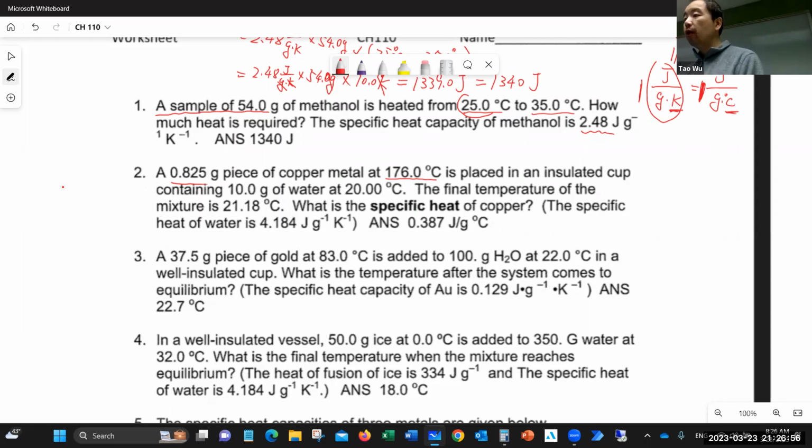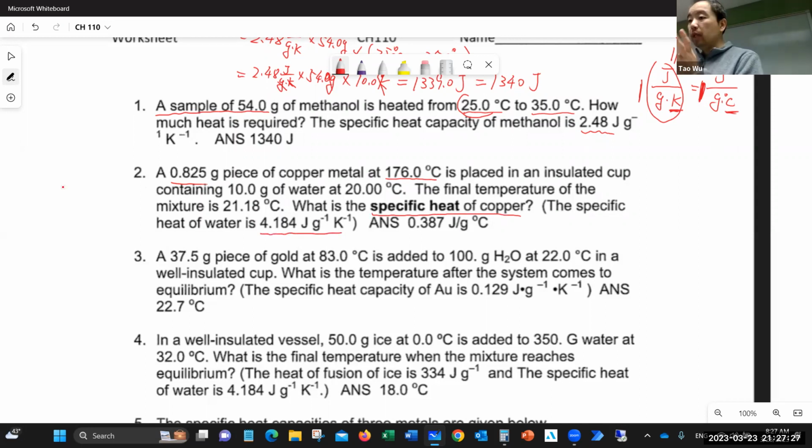The final temperature of this mixture is 21.18 Celsius, which means when they mix the metal and water, the water raises its temperature, but just a little bit. It didn't say anything about the metal, but obviously the metal will end at the same temperature as the water. And what is the specific heat of the copper? So they are looking for the specific heat of copper. They give you the specific heat of water.